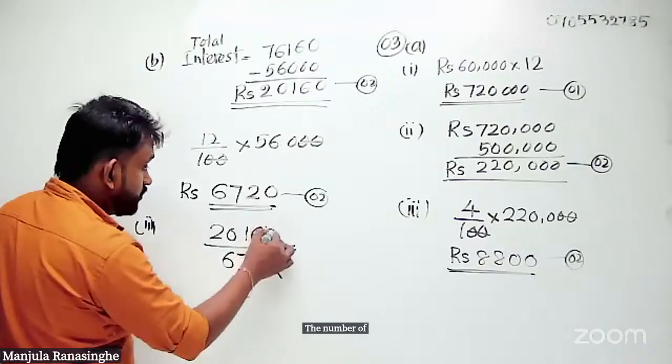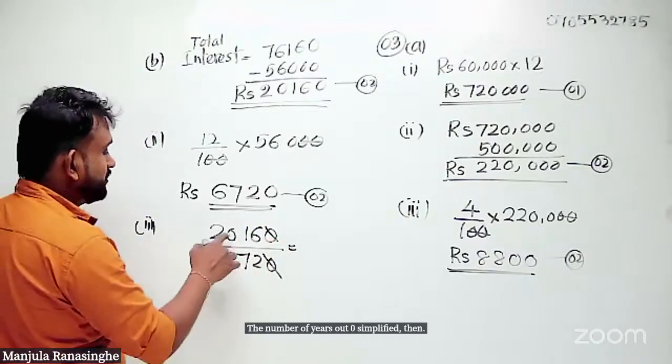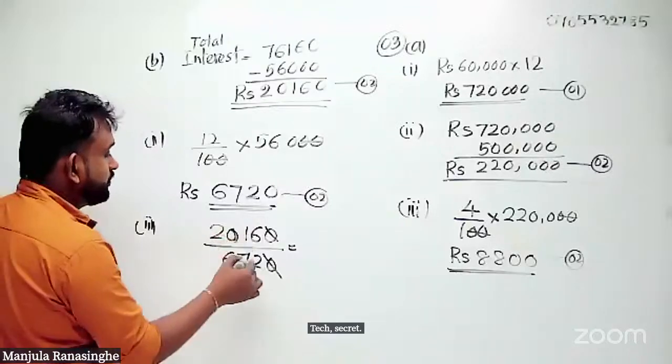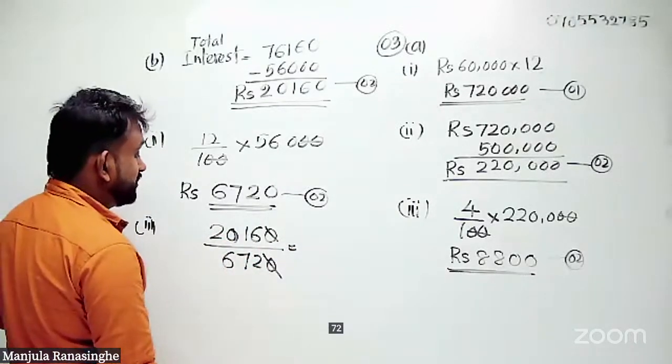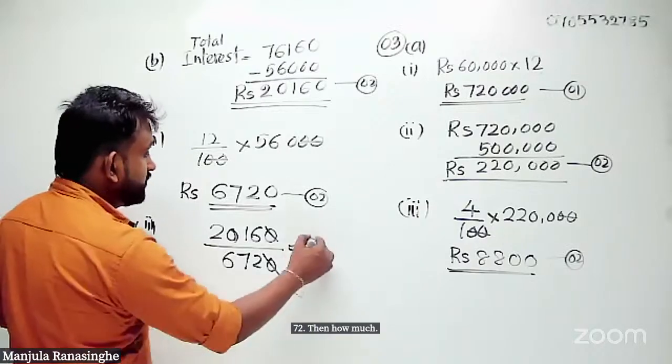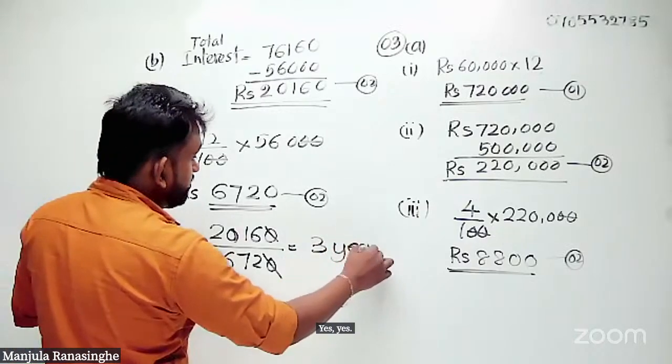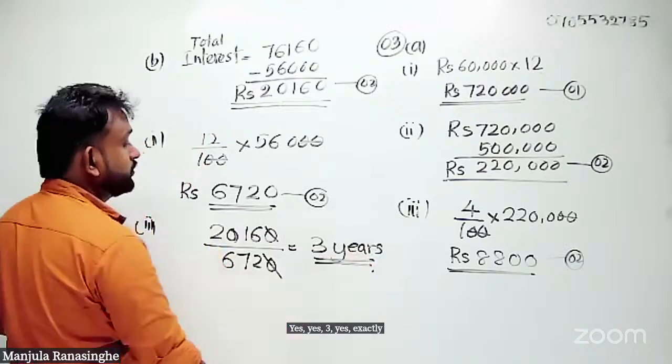Simplify the zero, then check 2016 divided by 672. How much? 3 years. Exactly divisible by 3.